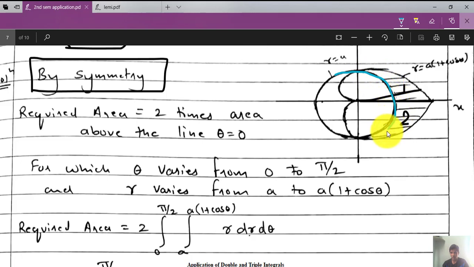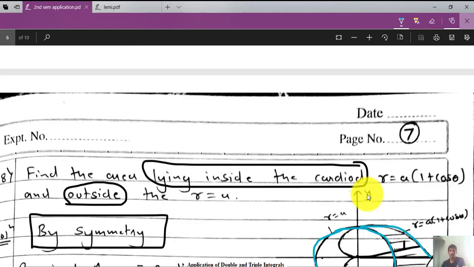This is the circle, so r is always a. Now for the common region here, this curve value is a. So r is at a distance a, and what is the curve over here? This is the curve of the cardioid, right? So the value of r ranges from a to a(1 + cos theta).